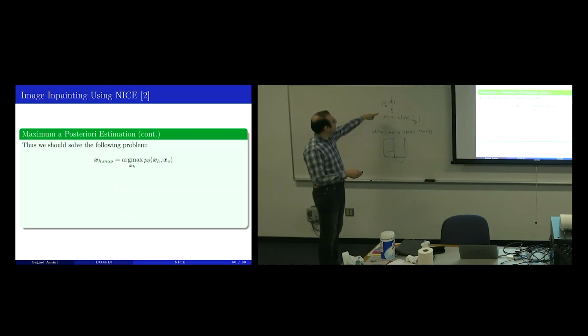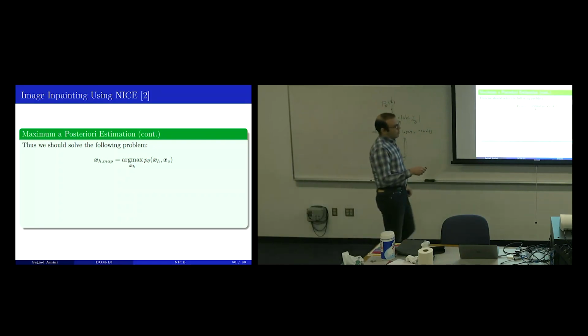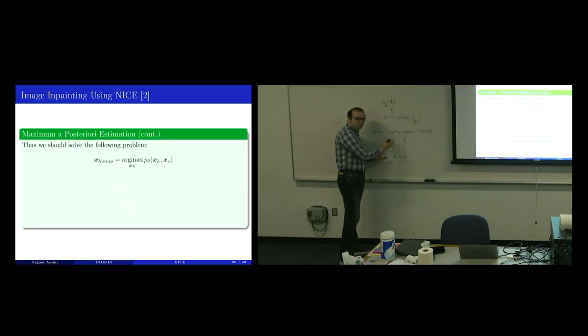So you start this maximization, you have this optimization problem, and you can easily check how you can take the gradient of this joint distribution with respect to the hidden part. Pay attention that the observed part is fixed. You do not do anything with that because it is your information, and based on that information you want to fill the missing part.